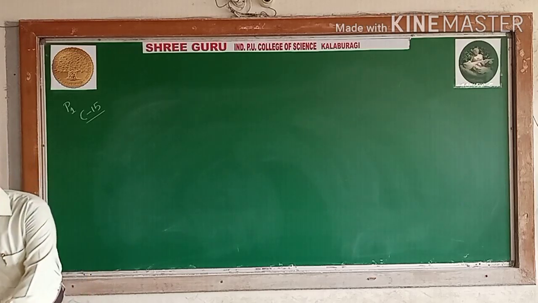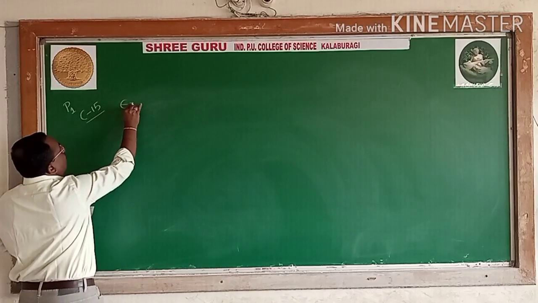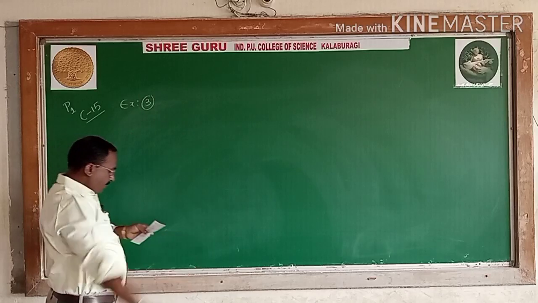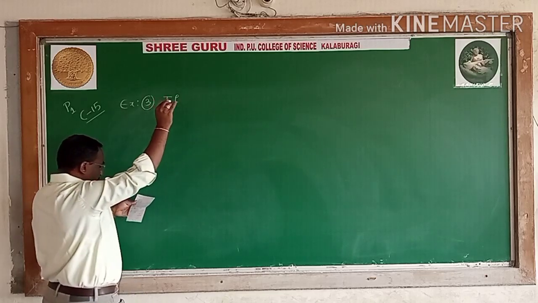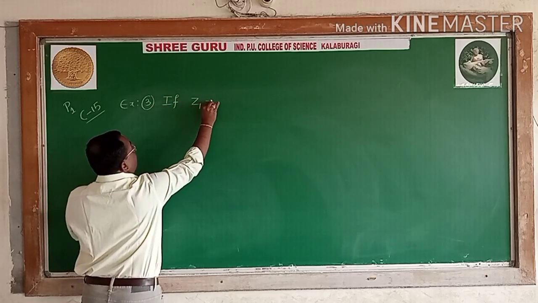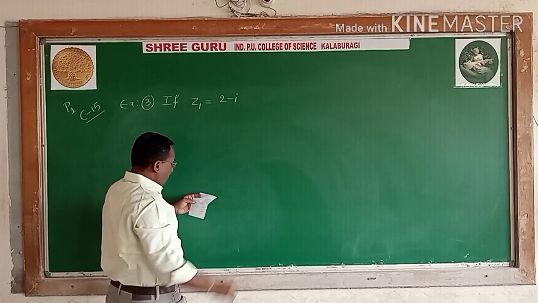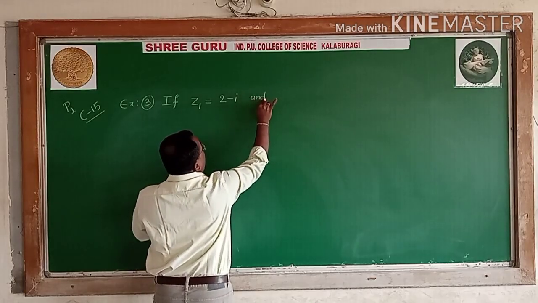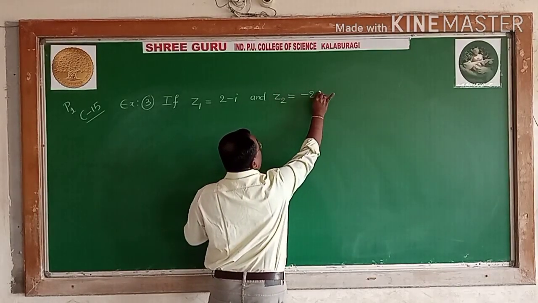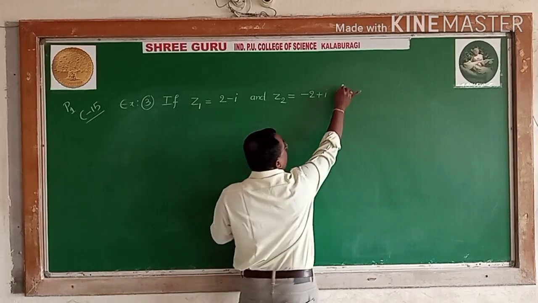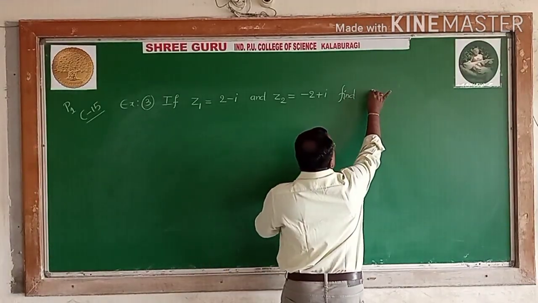Next, example number 3. If Z1 is equal to 2 minus i and Z2 is equal to minus 2 plus i, find two values.